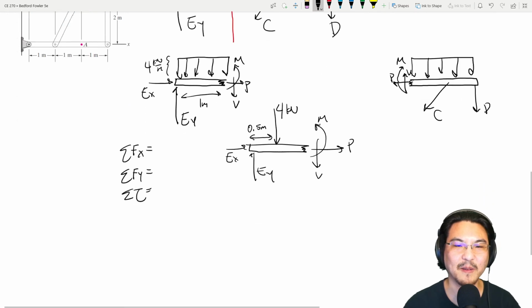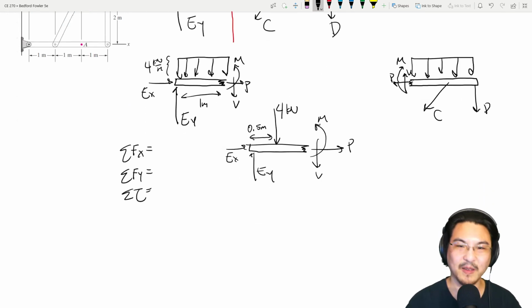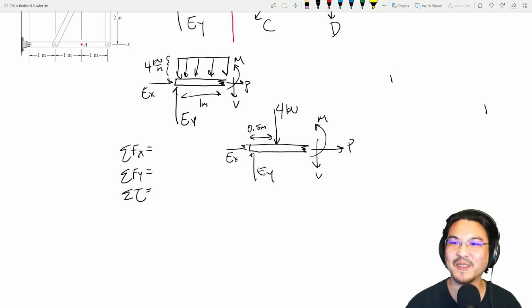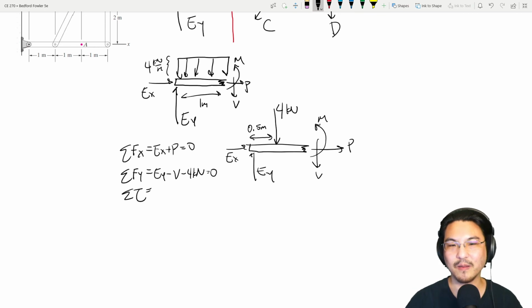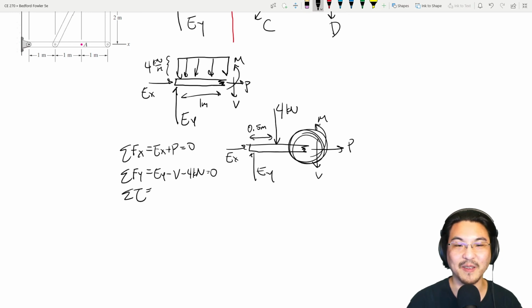Okay. So now for this, I'm just going to erase this. Okay. So for this free body diagram, now some forces in X, some forces in Y, some torque about somewhere clever. So it doesn't matter, how about over here, the right side of the section.